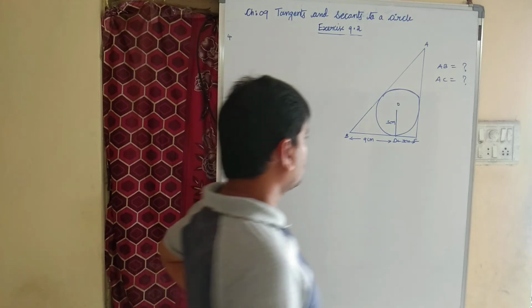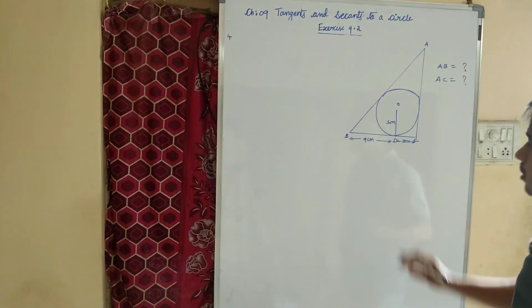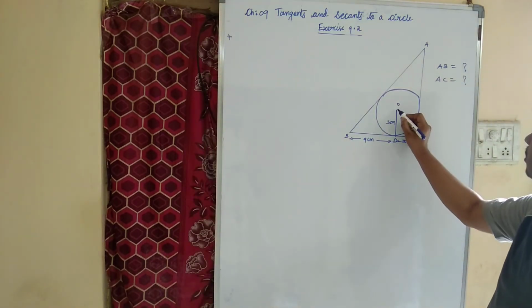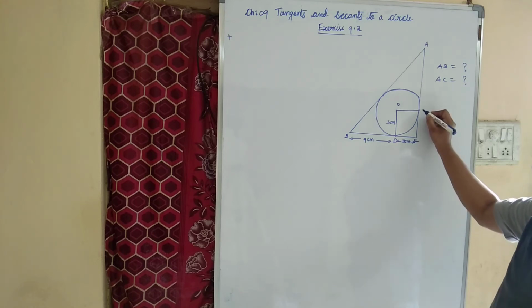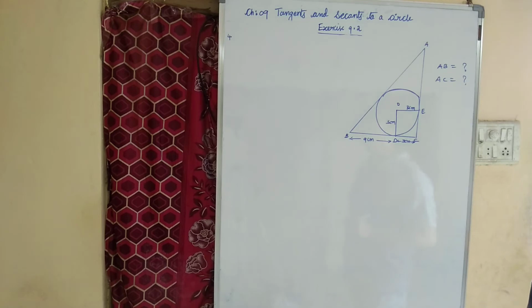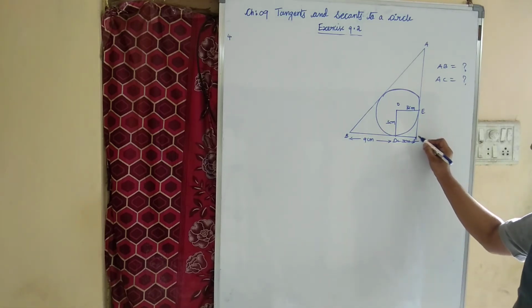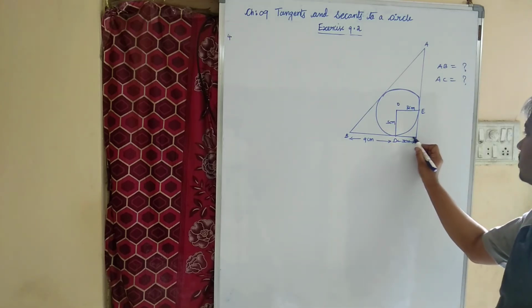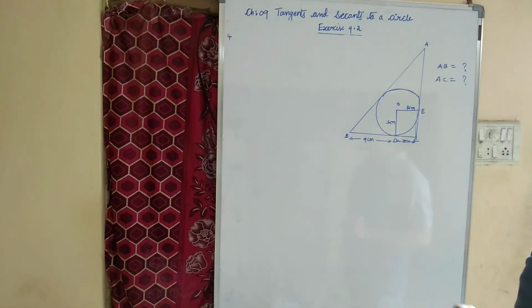Students, you know, as the radius is given 3 cm, OD is 3 cm, and OE is also 3 cm because it is also a radius. Right? Listen now. If you consider C as an external point to a circle, then CD and CE are the lengths of the tangents drawn from an external point to a circle.